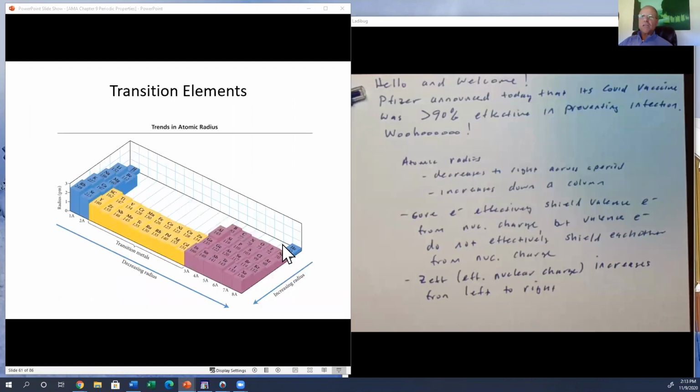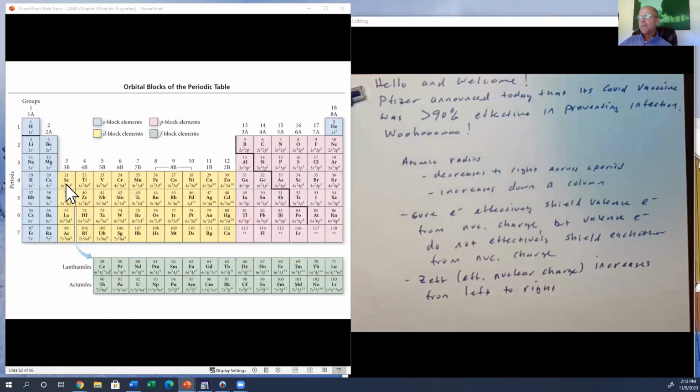What about the transition elements? Well, look at the size of the transition elements. Initially, they get a little smaller, but then they get bigger again. All right? So we're going to call this trend basically flat. And why is that? Because look what happens across a transition element. The new electrons that are being added are not being added to a higher principal quantum number orbital, but to a lower principal quantum number orbital, right?